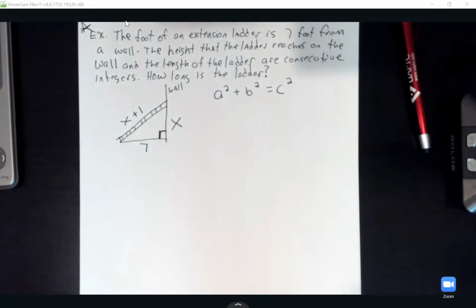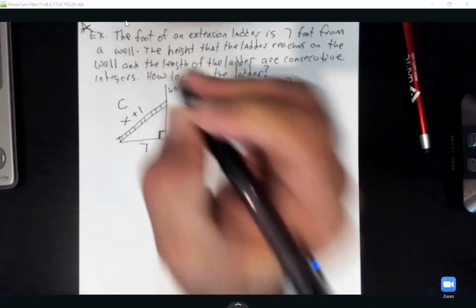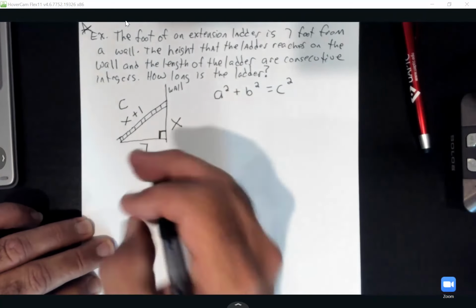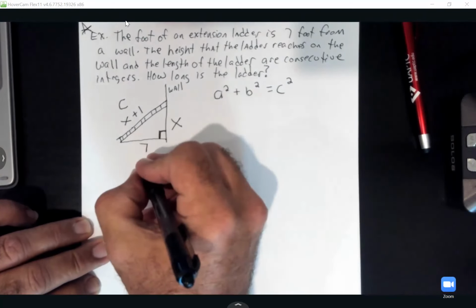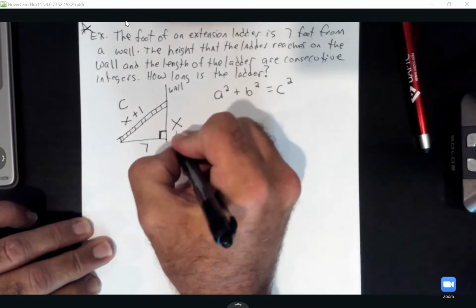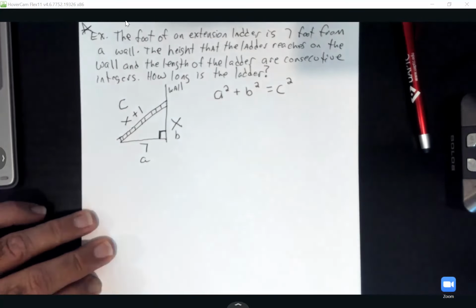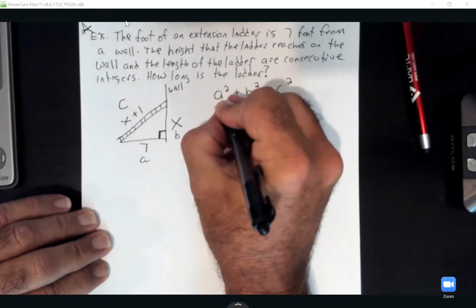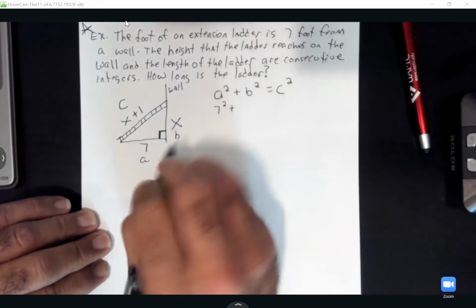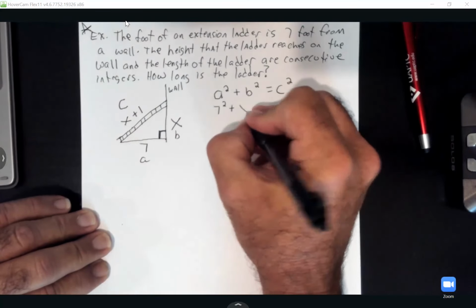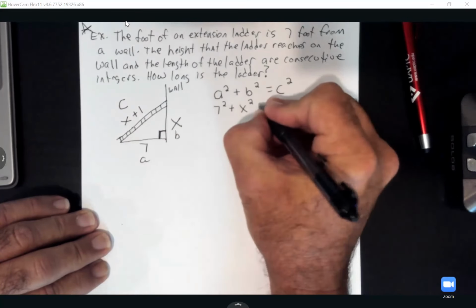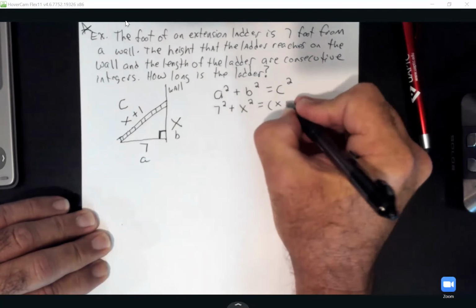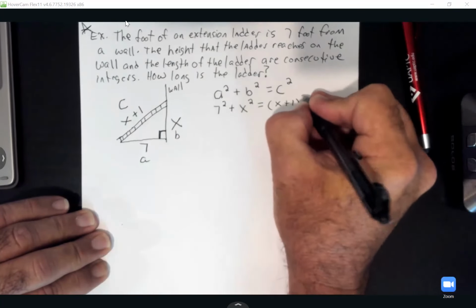X plus 1. So that's my c, and then a and b don't matter, okay? So I usually just go in order, and I'll let this be my a here maybe, and x will be my b. So y'all, let's plug in. A is 7, so that's going to be 7 squared plus b, which is x, so that's going to be x squared. That's going to equal our c squared, which is x plus 1 squared.